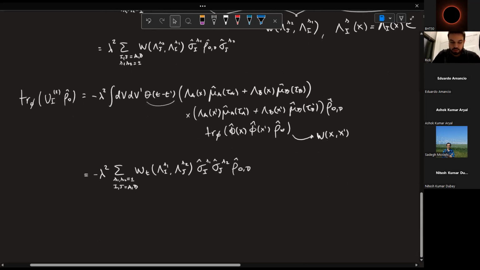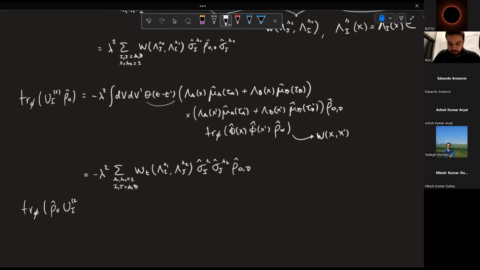And of course, if you wanted to compute the last term, it's just going to be the conjugate of this one anyway. So I'm just going to explicitly say that this is the same as the trace over phi of u_i2 rho 0.